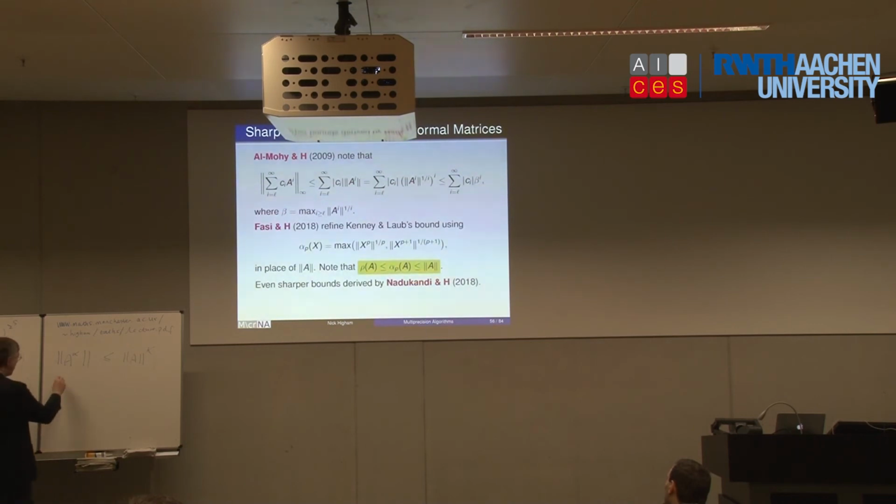For example, if I take the matrix [1, theta; 0, 1], and I'm thinking of theta as being very big, A squared is [1, 2 theta; 0, 1].